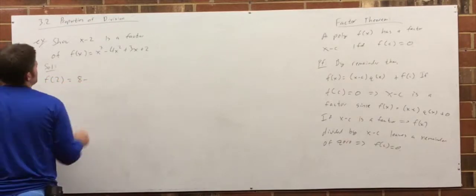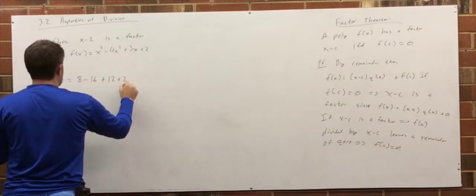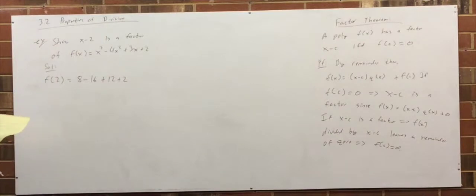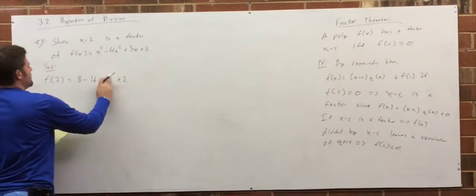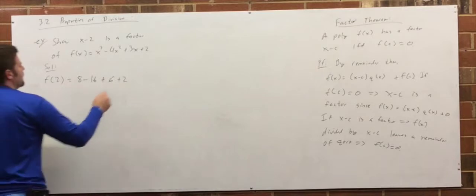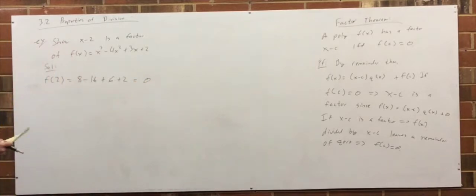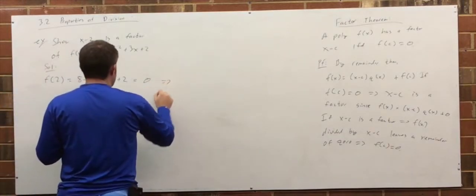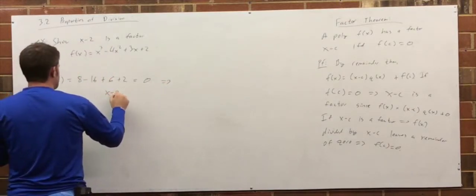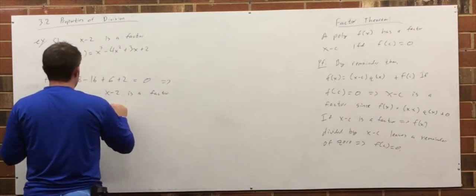Well, it equals 8 minus 16 plus 6 plus 2. Well, this certainly equals 0. Right? So what this says is x minus 2 is a factor by the factor theorem.